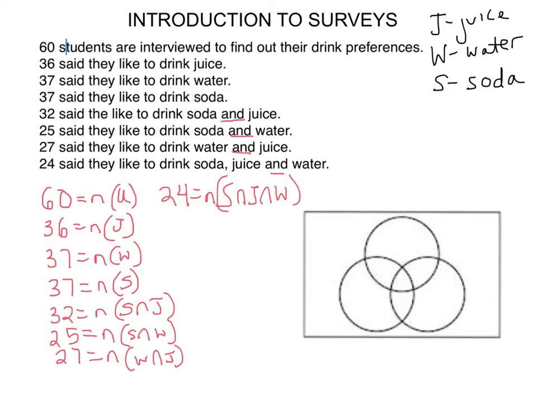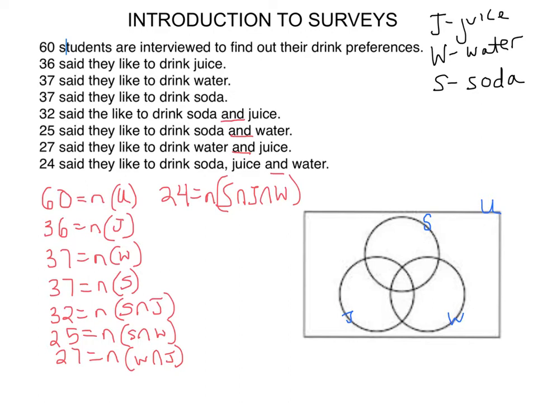The next thing we need to do is work with our Venn diagram. It is very important that you label your Venn diagram correctly. So we're going to call this circle here S, this circle here J, and this circle here W, and this is our universe out here. Now, whenever you want to solve a survey, you always start from the smallest area and work your way out.